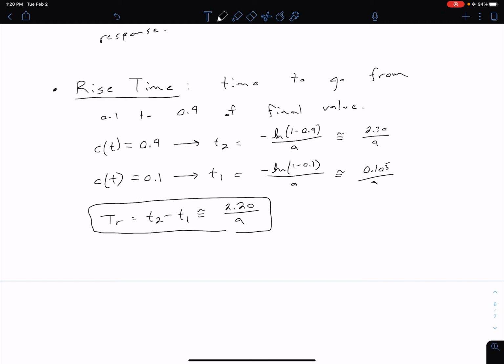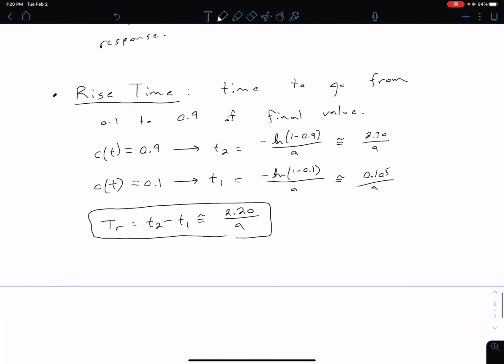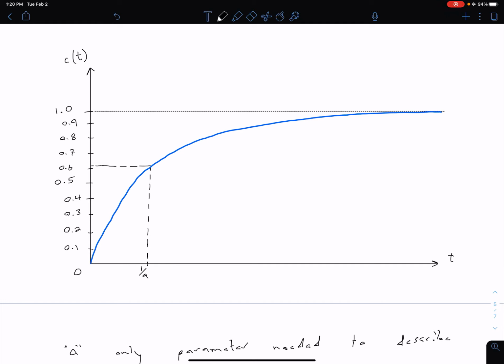So we can update our plot with that. So 2.2 over A. So here's our 90. Of course this isn't going to be perfectly to scale, but basically from here to here is going to be our rise time T sub r.